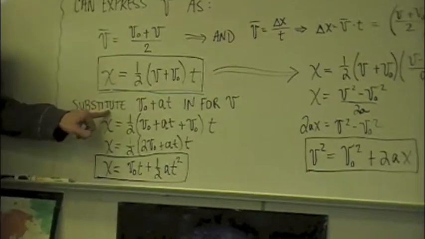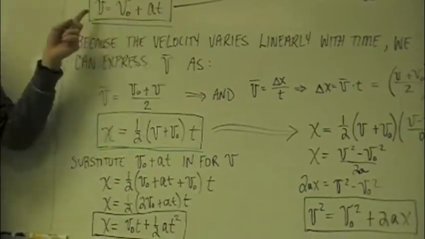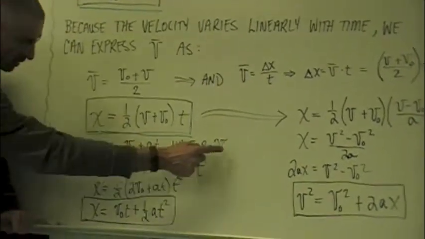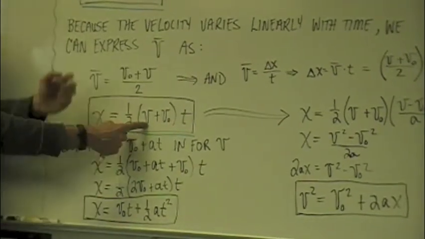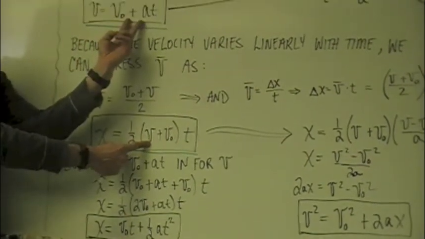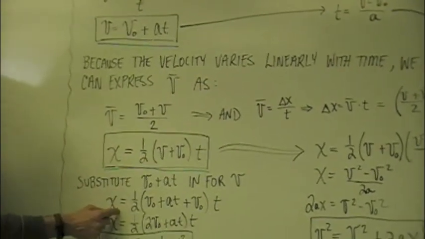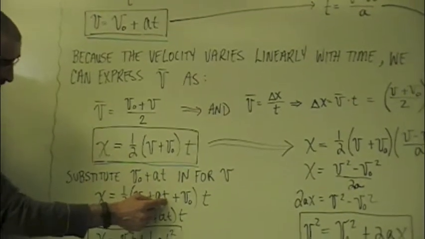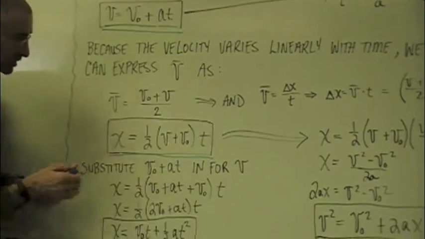If we substitute this in for that, so right here, where we had V, you guys see that? We're going to substitute that in for V. So we're going to get x equals 1/2 times V naught plus AT, okay, which is, let's do this.